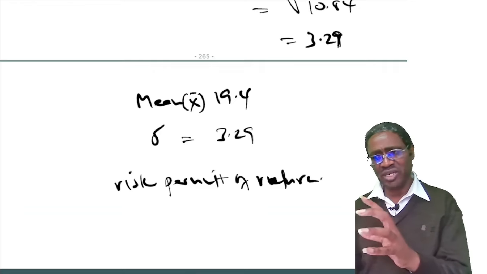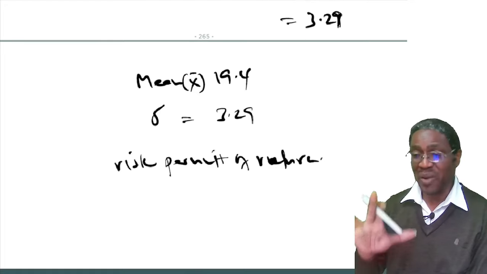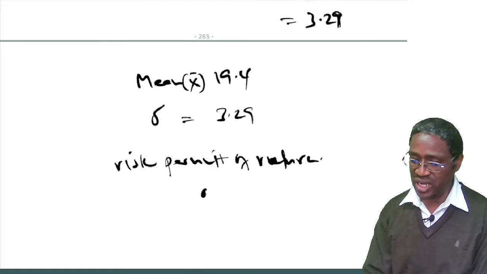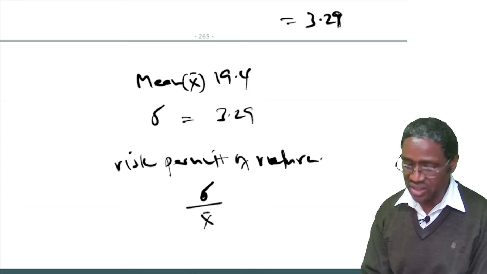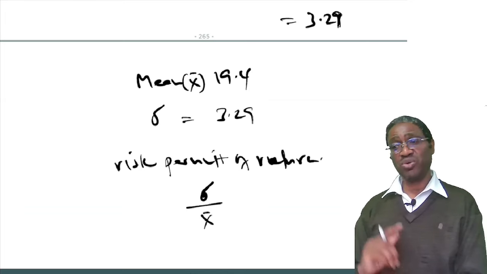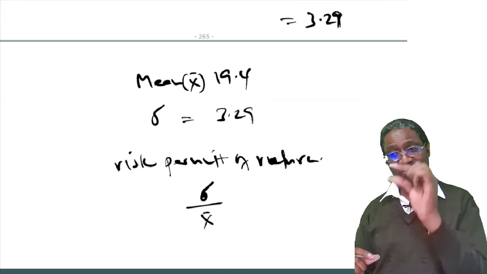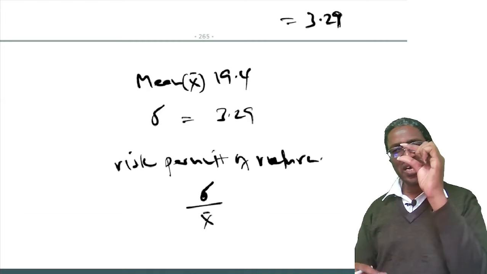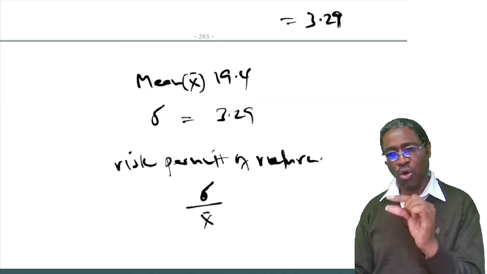So risk per unit means you take the standard deviation and divide it by the mean.